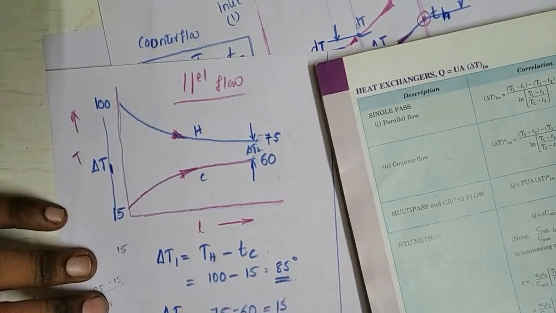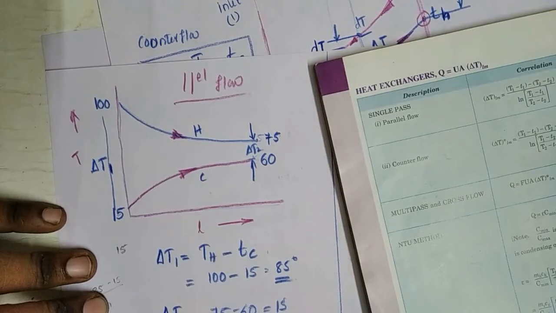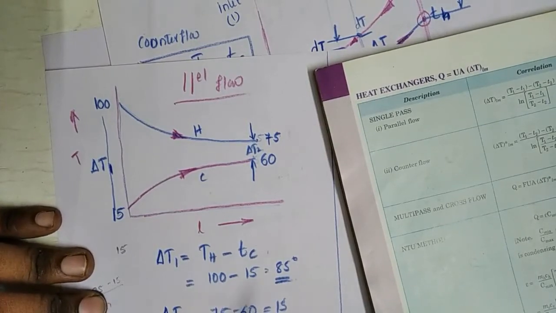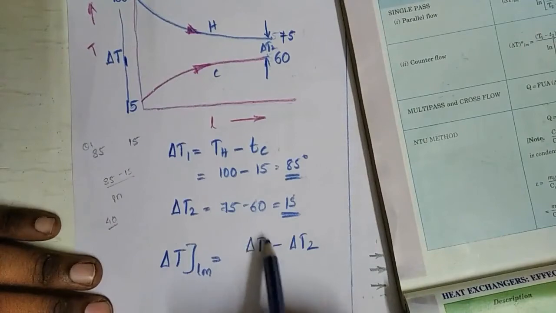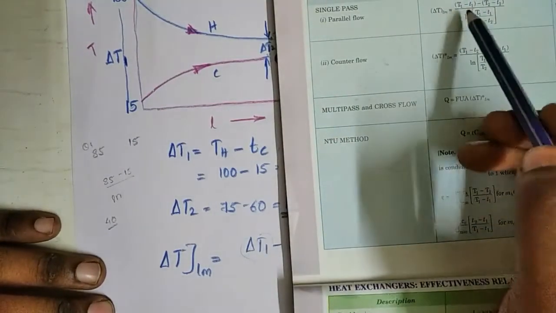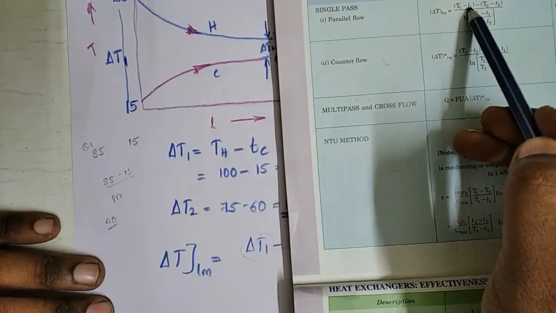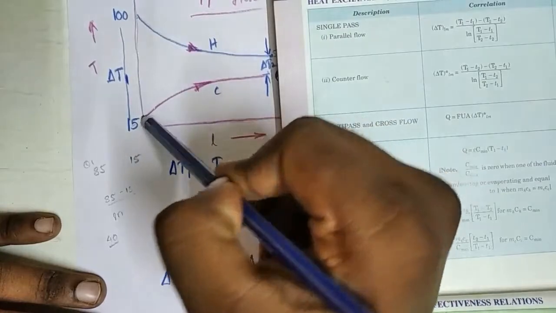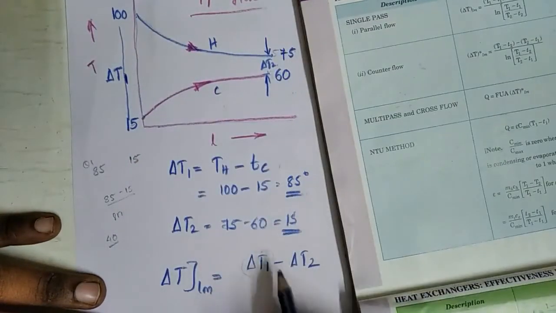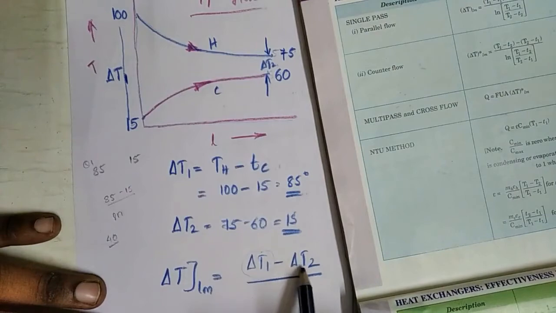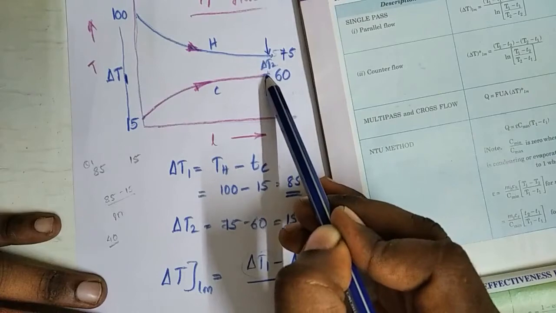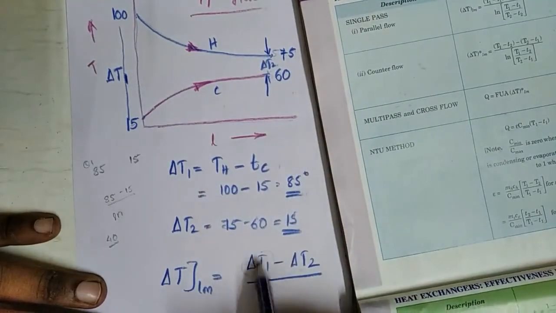Now, the logarithmic mean temperature difference equals delta T1 minus delta T2 divided by ln of delta T1 by delta T2. Delta T1 means capital T1 minus small t1, minus delta T2 means capital T2 minus small t2.